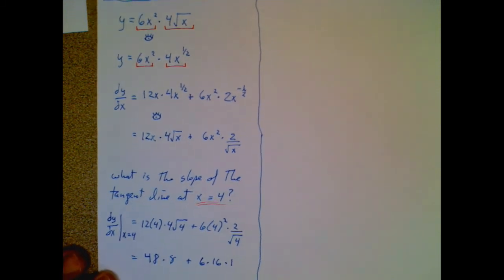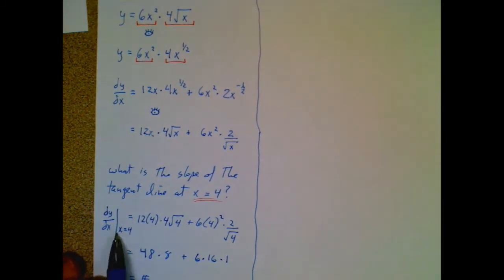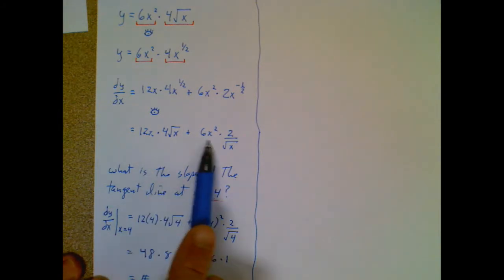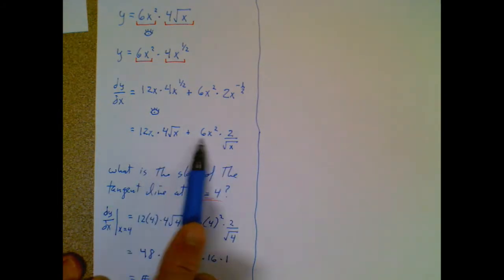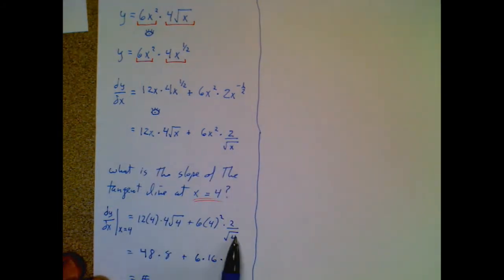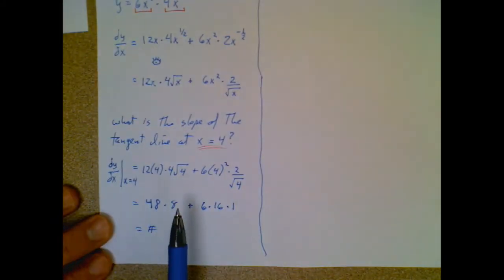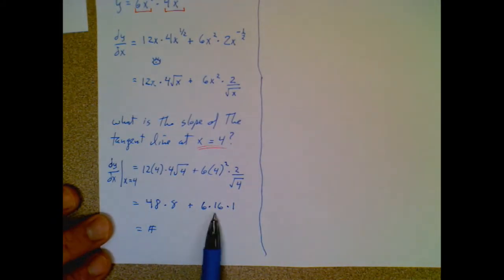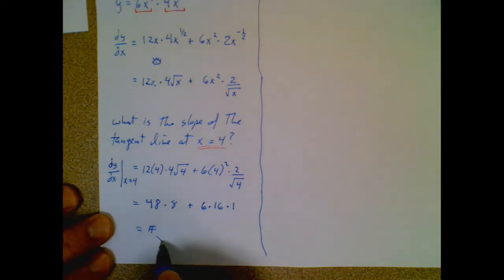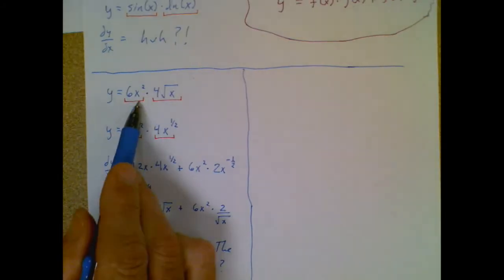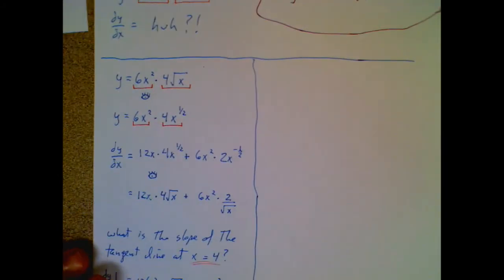Let me slide that up. So the derivative at x equals 4 is my derivative from the product rule with the 4 put in everywhere there's an x. So I start to crunch these numbers and then they turn out to be very big. So I'll just assume that you could crunch those numbers. Whatever that number ends up being, that's the slope of the tangent line to that function at x equals 4.